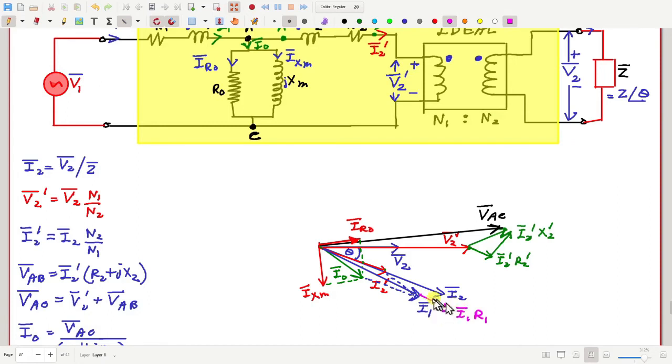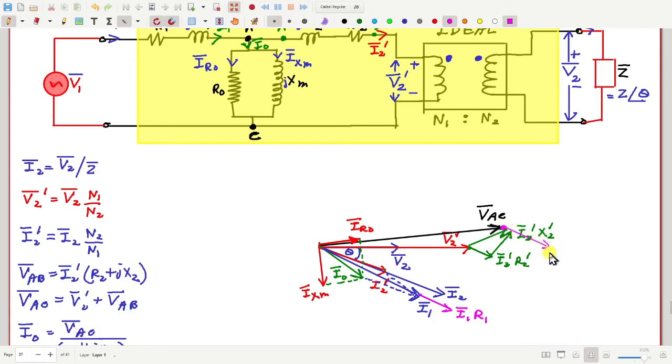Okay, let me draw this phasor starting from the tip of VAC. From here, if I draw, as I told, it's going to be very ugly.